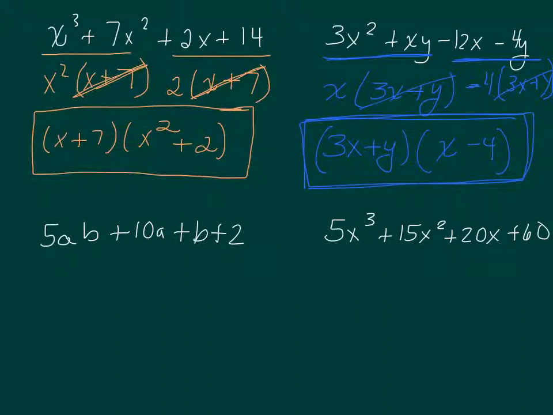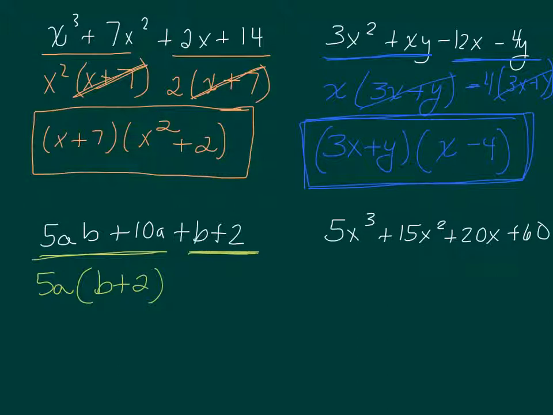All right, let's look at this next one. Nothing in common to all four, so let's group the first two terms together and the last two terms together. A factor of 5a is in common in the first two terms, so I have b plus 2 left over.